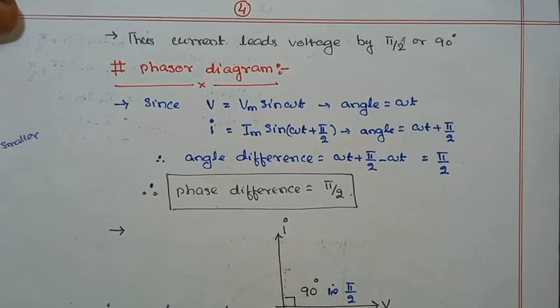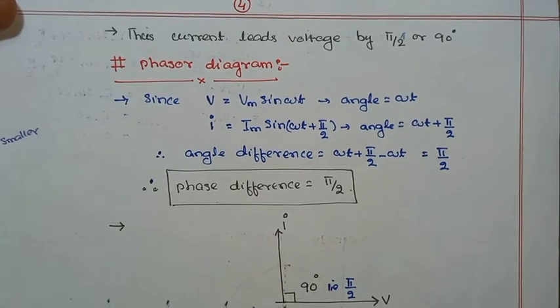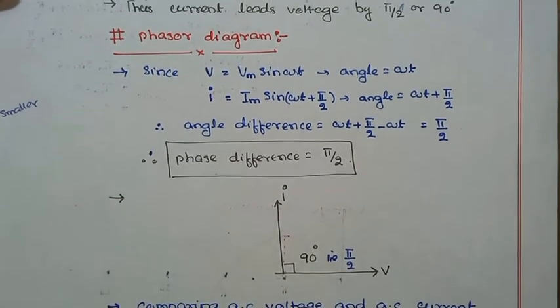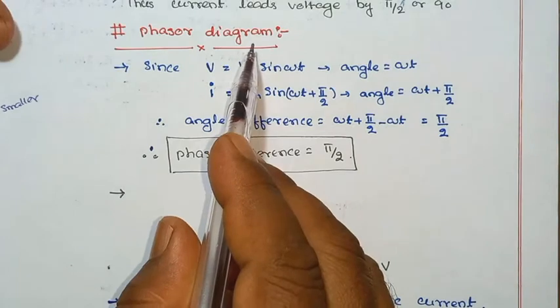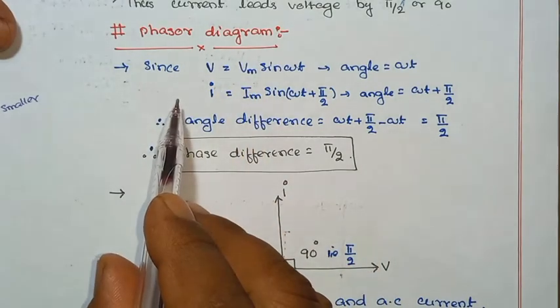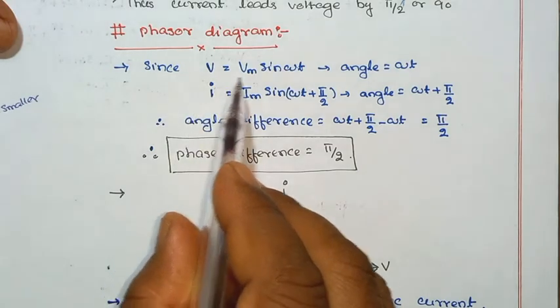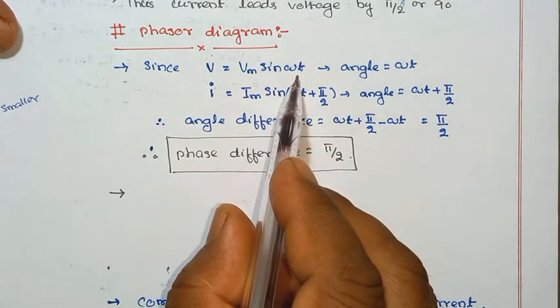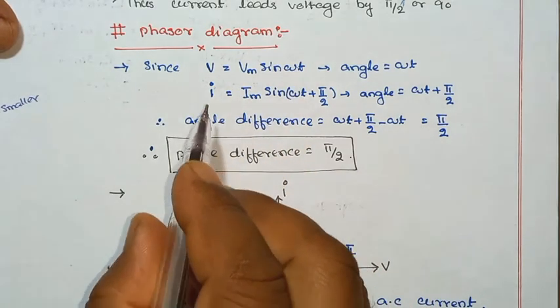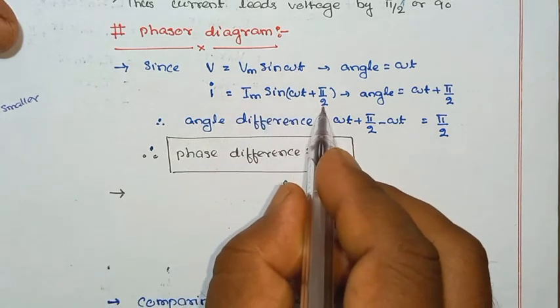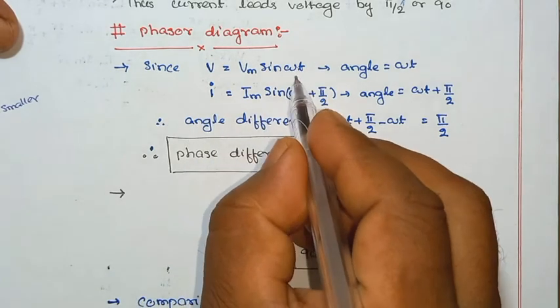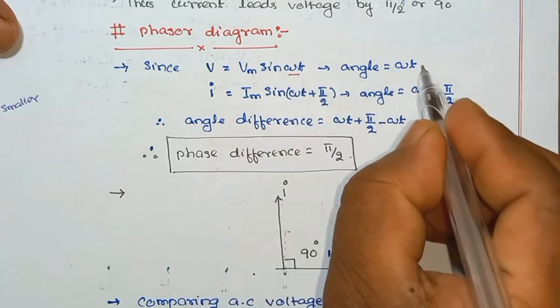ठीक है? अभी फेजर डायग्राम कैसे करते हैं उसको देखेंगे. So phasor diagram, हम सबको पता है, AC applied voltage V is equal to Vm sin omega t and AC current I is equal to Im sin (omega t plus pi by 2). Here the angle is omega t.